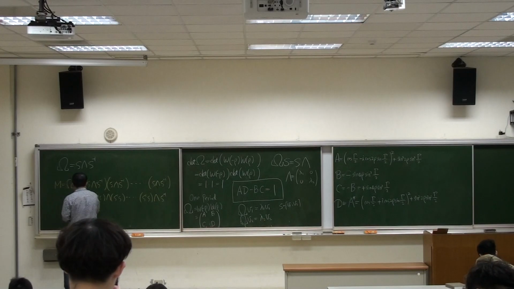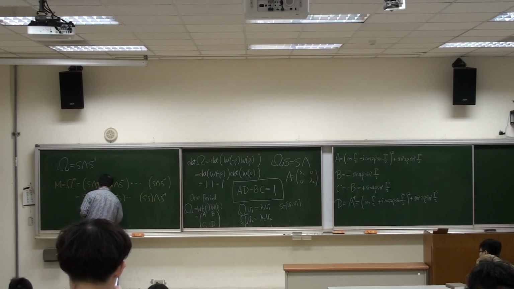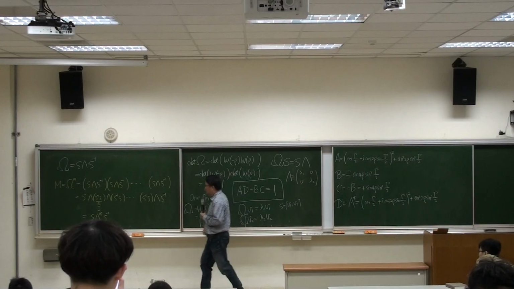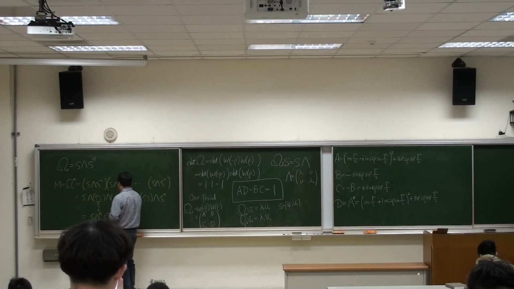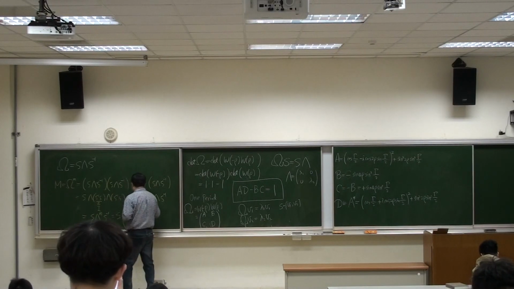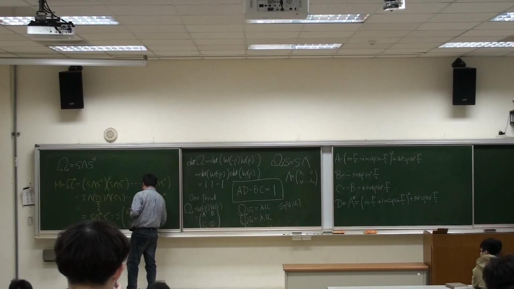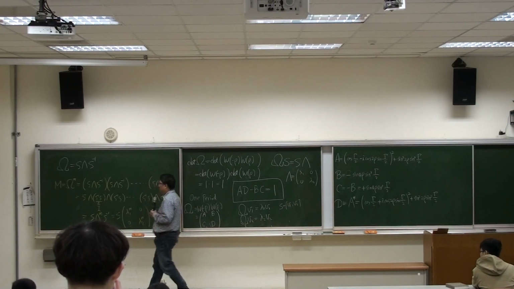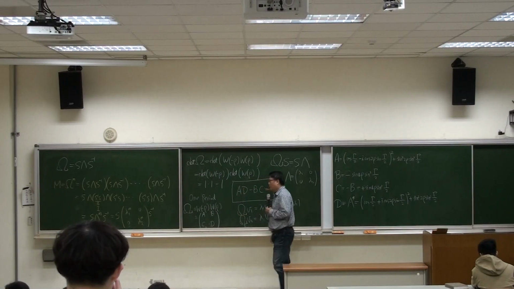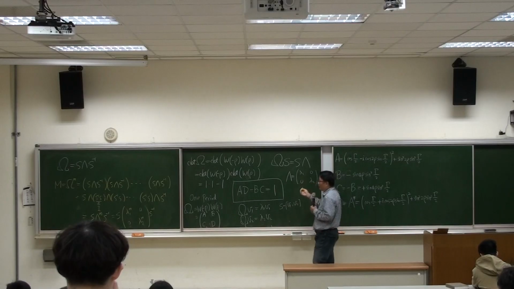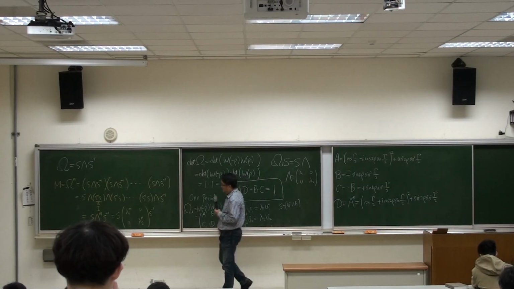So finally we get S times lambda to the nth power times S inverse, which is S times lambda 1 to the nth power, 0, 0, lambda 2 to the nth power, S inverse. Okay, so in this way you can calculate the nth power of a matrix.